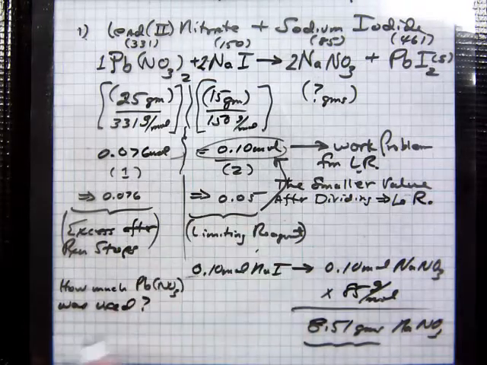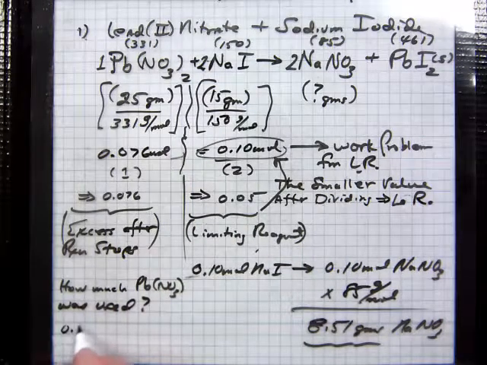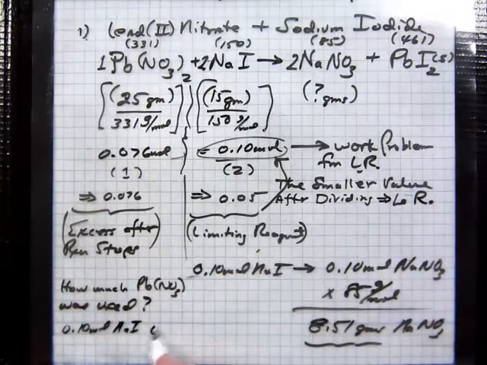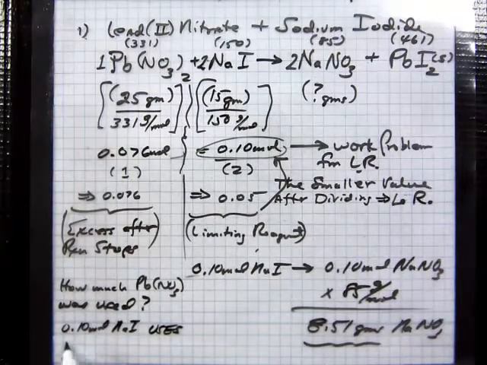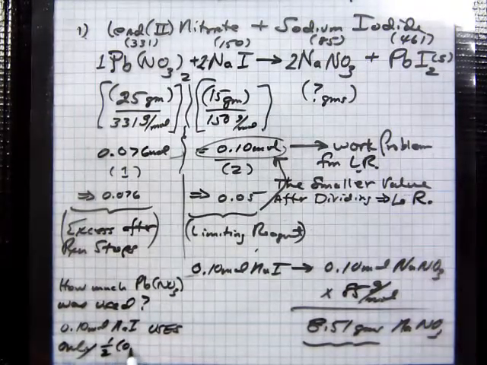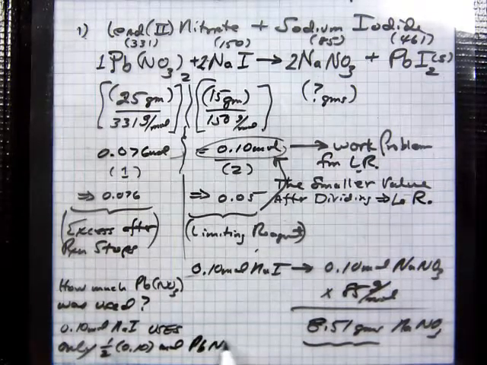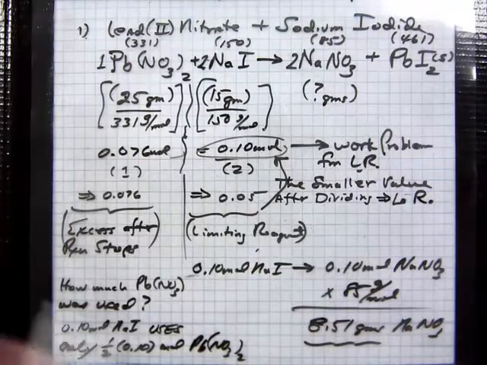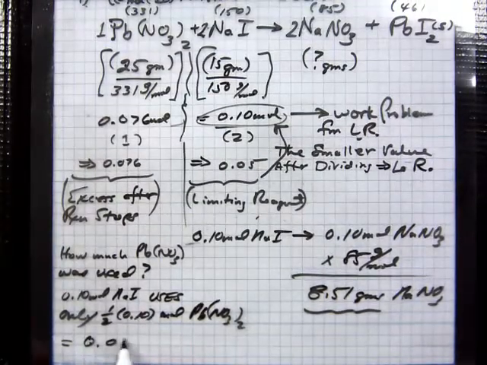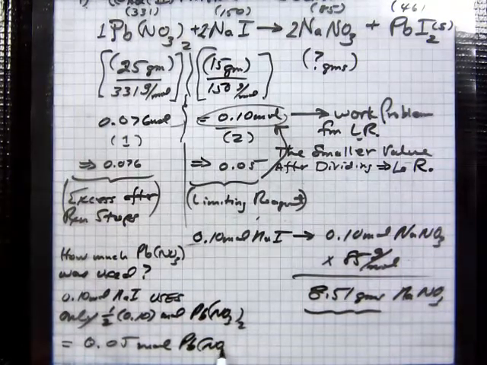So 0.10 mole of NaI uses only 1/2 of 0.10 mole of lead nitrate, which is equal to 0.05 mole lead nitrate used.